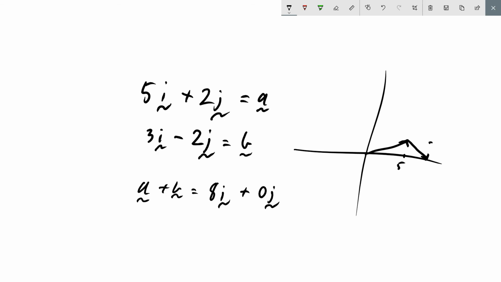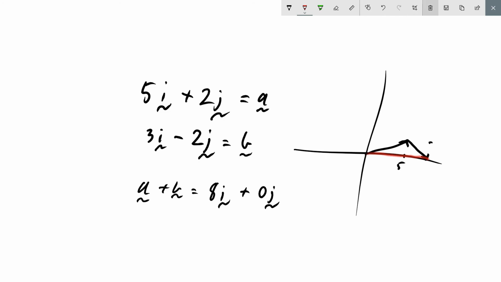And what you see is that this is really displacement. I have moved effectively that far. So adding two vectors gives you displacement.